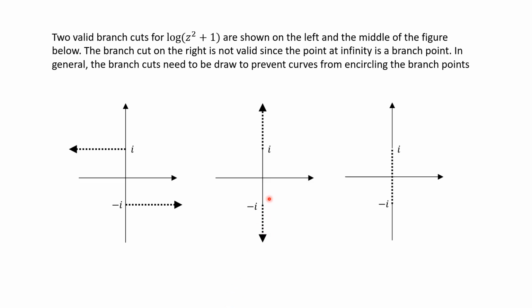We can't encircle the branch points with any closed curve, try as you may. But in this example here, we can fairly easily encircle two branch points if we use this cut, which, as I say, is not a valid branch cut.